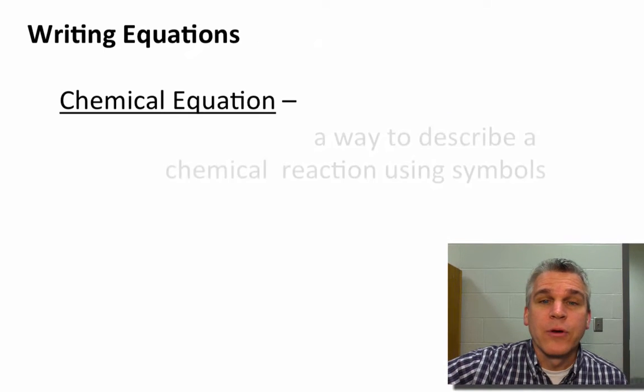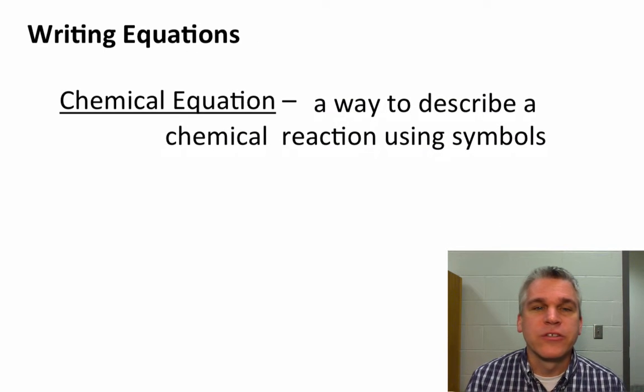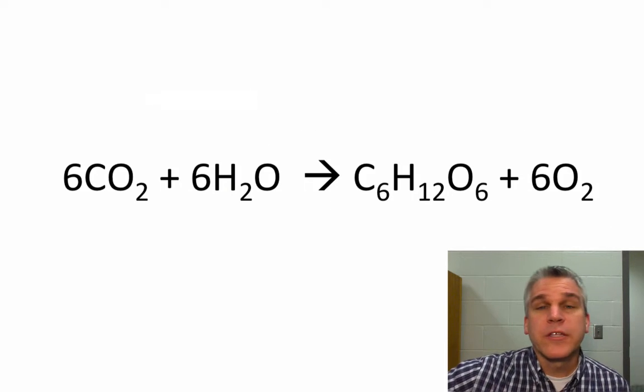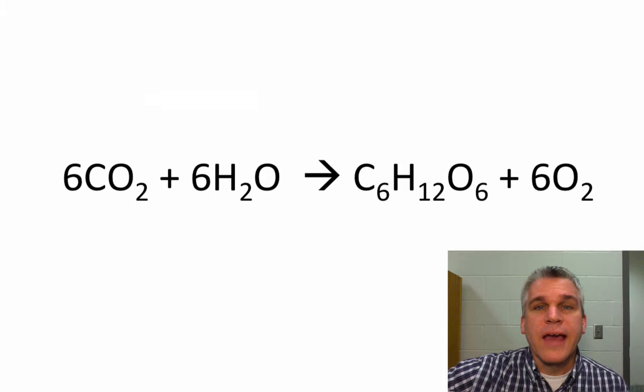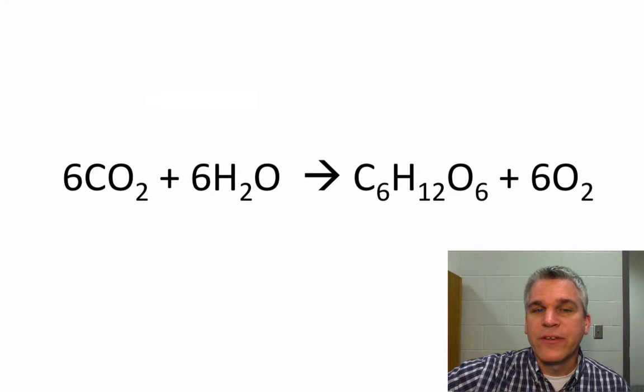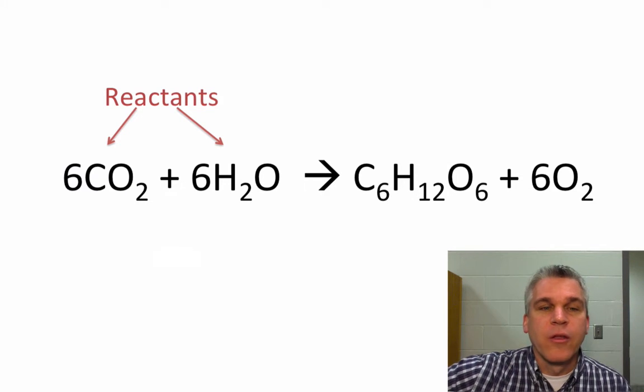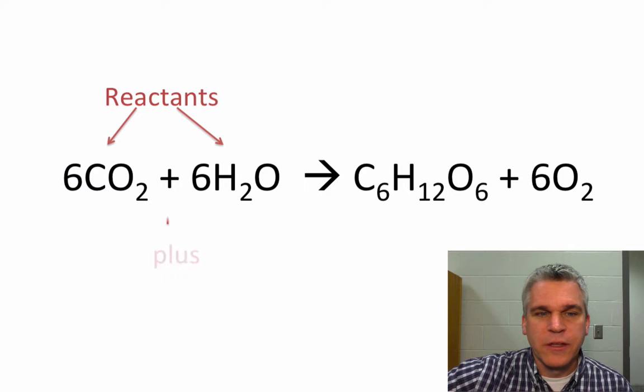To write a chemical equation, which is a way that we describe a chemical reaction using symbols. So let's go back to our example. So let's break this down. The compounds that are to the left of the arrow, those are known as the reactants. So these are the ones that we start with in a chemical reaction. Notice you see a plus sign between those.